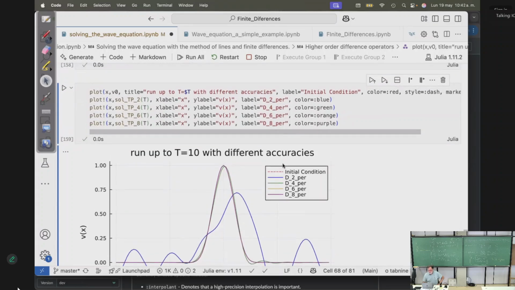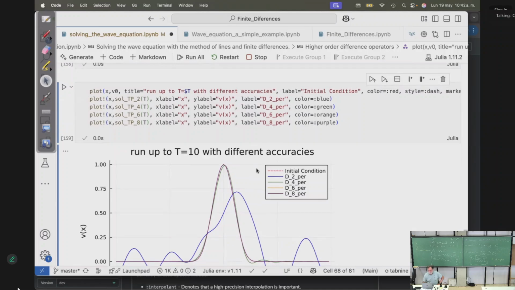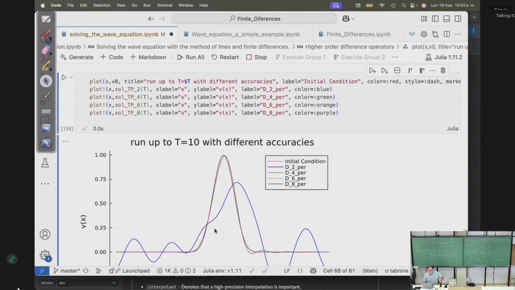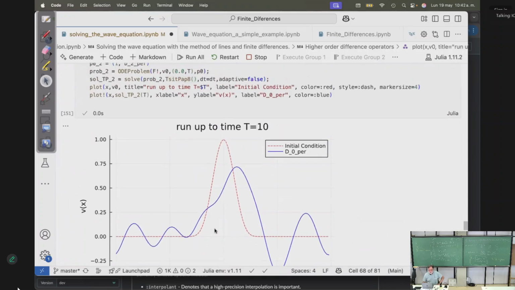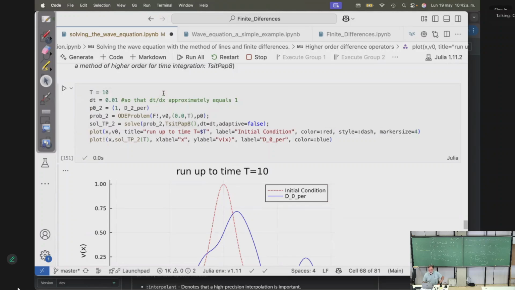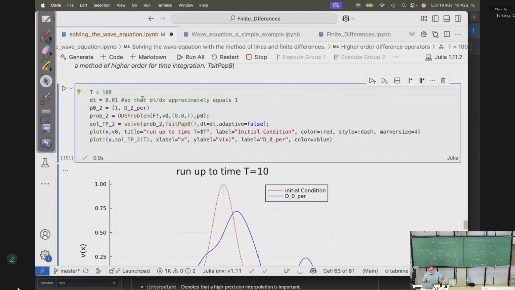The initial condition is in red, dashed red, and you see that it's overimposed. If you want to distinguish between them, you can go and run for 100, say.